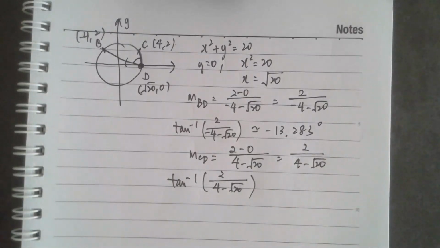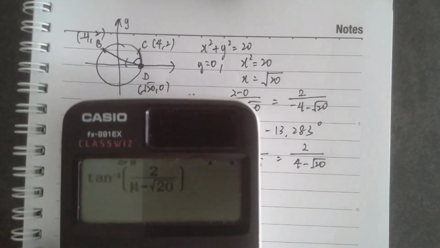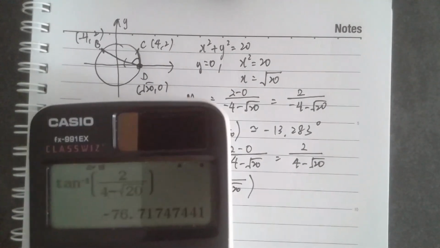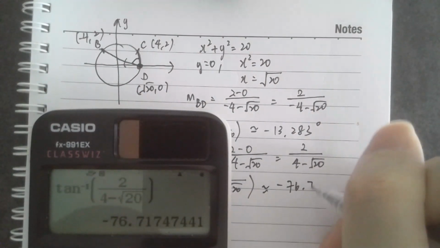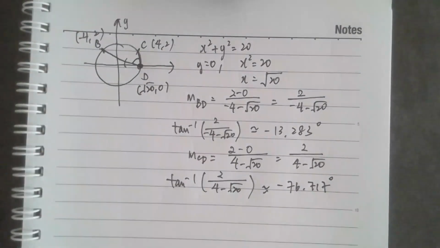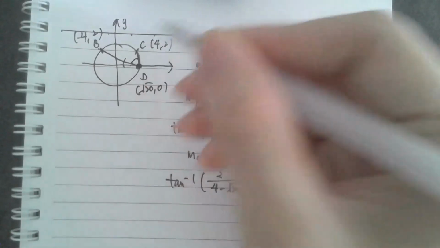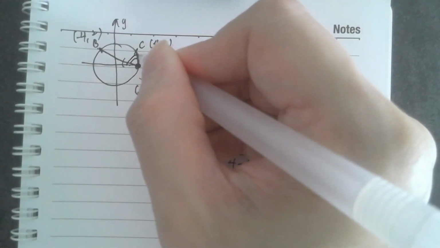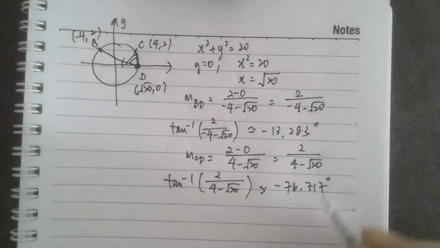So let's try that. It gives about negative 76.717 degrees. So this part from the x-axis to C is negative 76.717. Therefore we can find the angle in between by just taking the positive values.